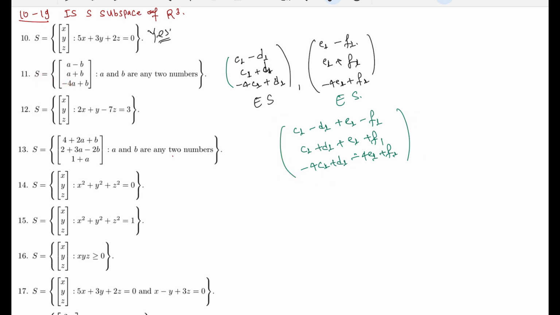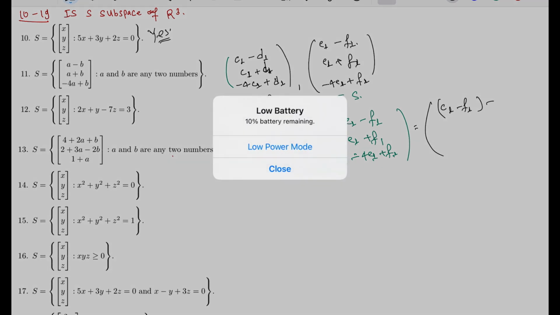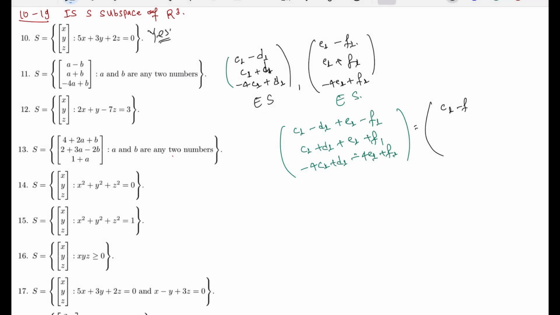So I will try to make this a similar form to what we have here in the set. So we can write this one like this, c1 plus e1 minus times of d1 plus f1.